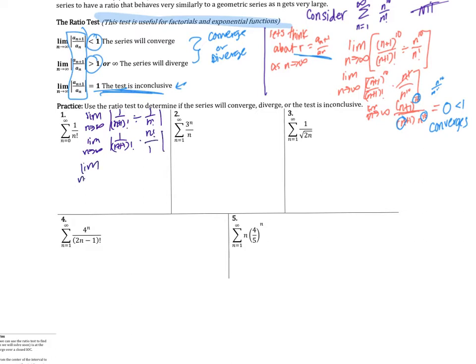And then I'm going to go ahead and simplify that. That's going to give me, well, the n factorial is going to make that factorial divide out. So 1 over 1 plus n. This limit is equal to 0 as n goes to infinity, and 0 is less than 1. Therefore, this converges by the ratio test.